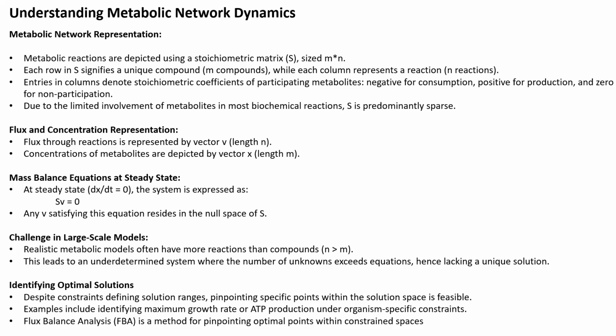Now, we need to identify optimal solutions from this set of equations that all satisfy your constraints. Basically, you do not have a unique solution; you have a set of solutions, and you have to identify the optimal set of solutions from your original set. Despite constraints defining solution ranges, pinpointing specific points within the solution space is feasible.